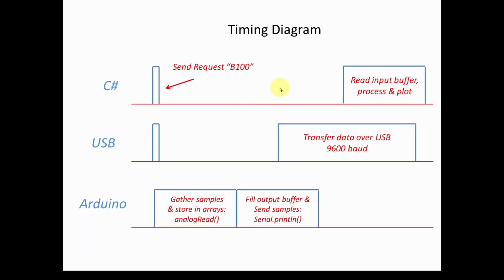Okay, so the first thing we're going to do is look at the numbers. The best way to understand things and to do things right is to measure them and see what the real numbers are. The worst thing to do is to just go on the internet and copy and paste somebody else's code and not really understand it, but think that it makes you an expert. That's not true.